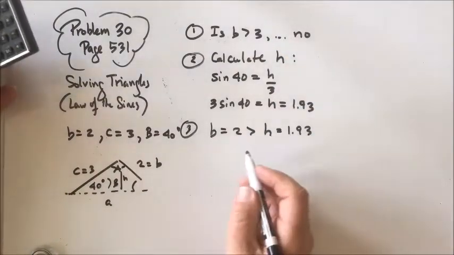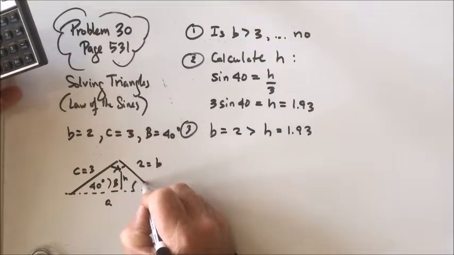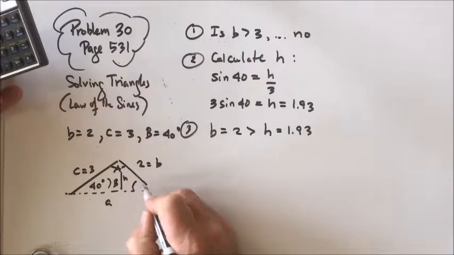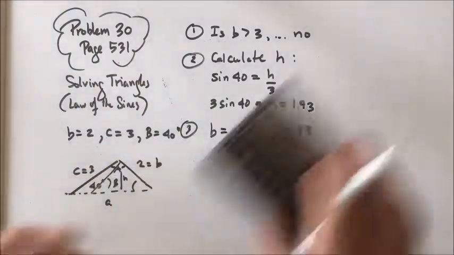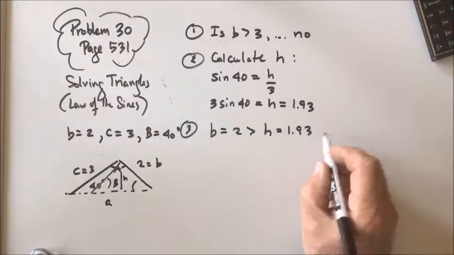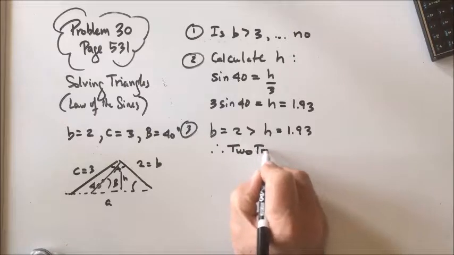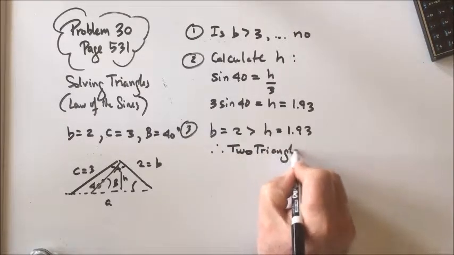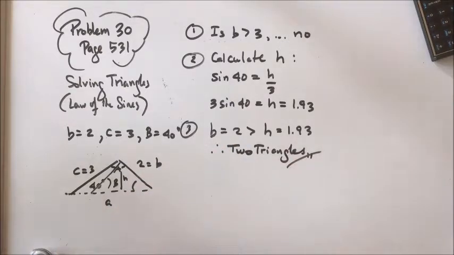So here's the situation where this side is a little longer than h, and so it can come down here and hit here, or it can hit here. I've got 2 triangles to deal with. 2 triangles.